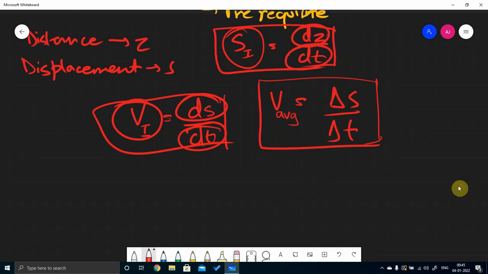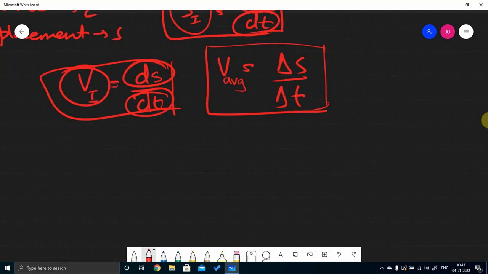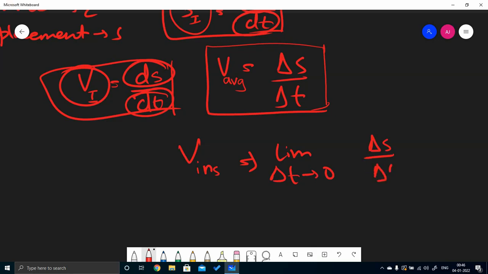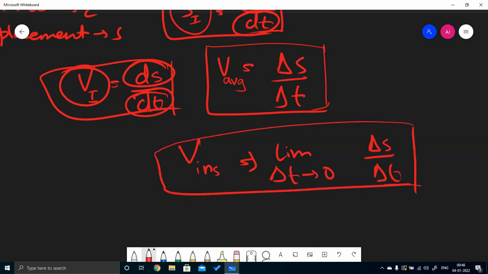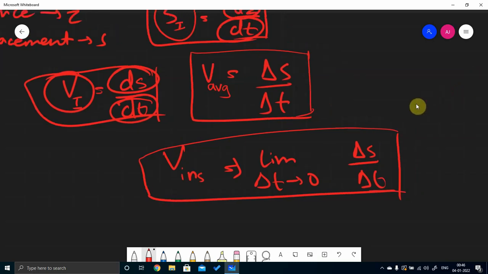But when we talk about instantaneous velocity, when we talk about v instantaneous, then you have the exact same thing, but there's one slight change. Limit delta t tends to 0, delta s upon delta t. Now, this is understandable for those who have done a little bit of calculus themselves.